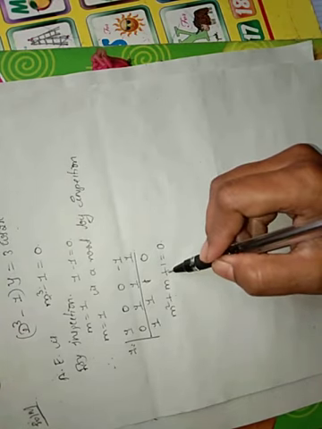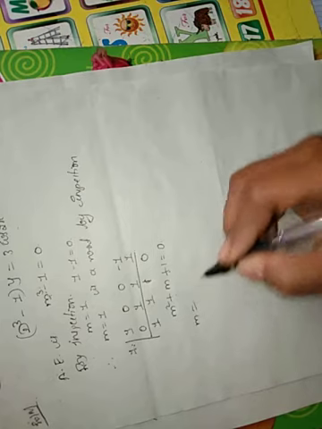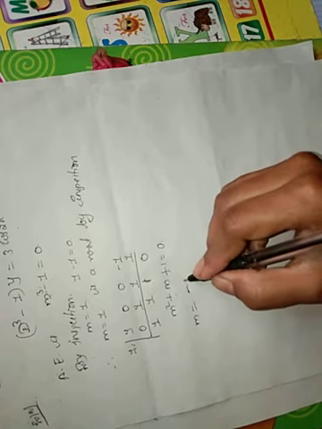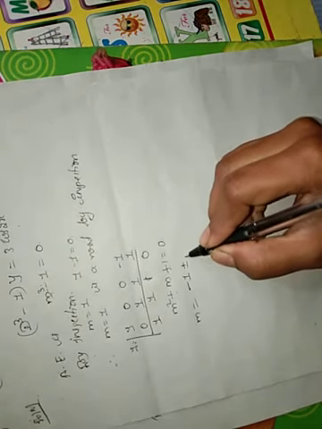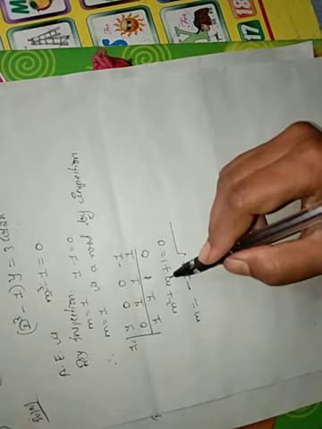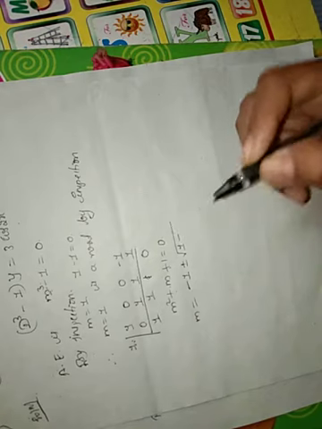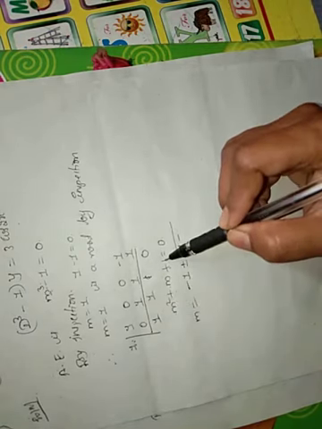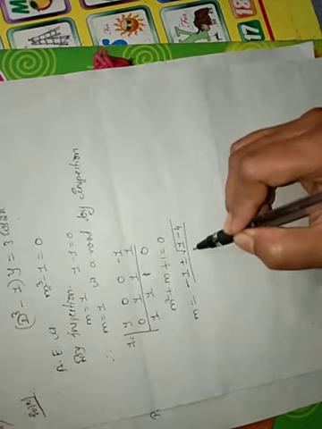So this quadratic equation is not solved by factorization, so go for the formula. So m equal to minus b, coefficient of m is 1, so b equal to 1. Minus 1 plus or minus square root of b square is 1 minus 4ac, 4 into coefficient of m square is 1, constant is 1, so minus 4, divided by 2a.